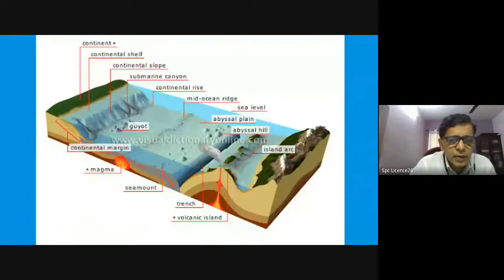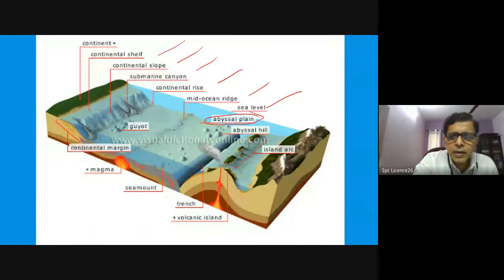One more picture of that in a different scale, I would say, and a position. Okay, the continental shelf, slope, canyon, continental rise, mid-oceanic ridge. This is the sea level, and then you have the abyssal plain, and the hills on the abyssal plain are called abyssal hills.